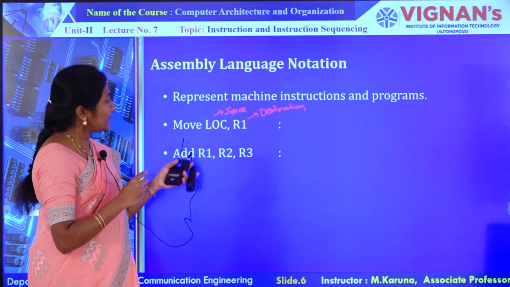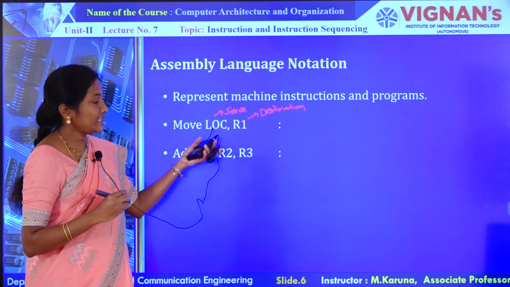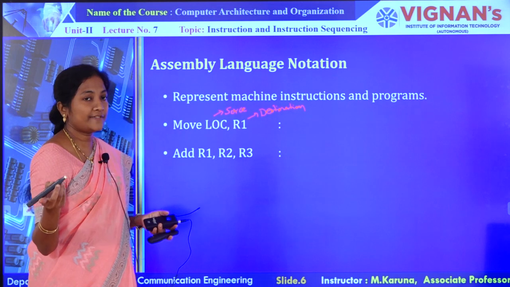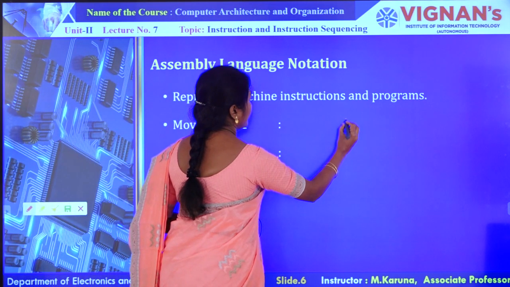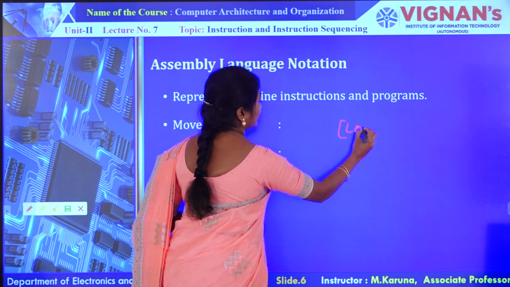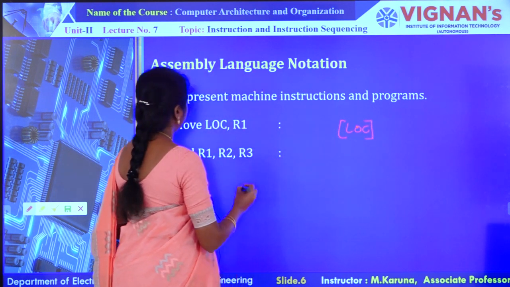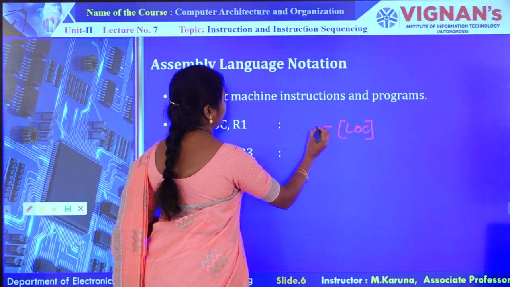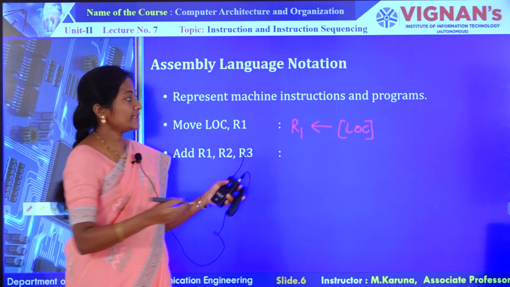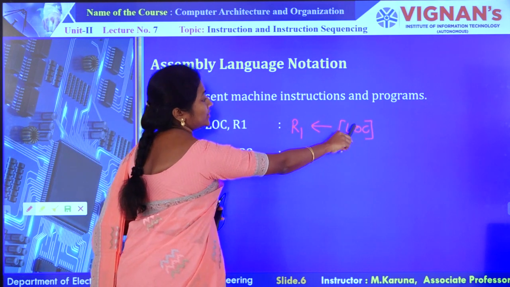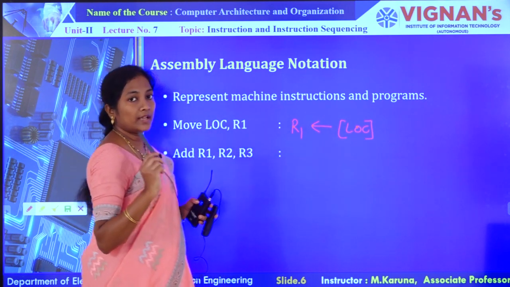Okay. So, let us write this notation in terms of register transfer language. Location, with square brackets around the label.